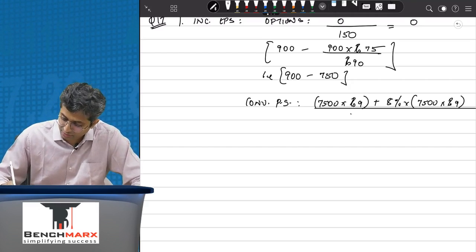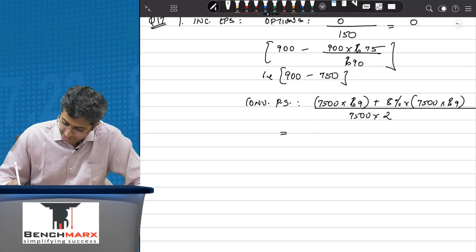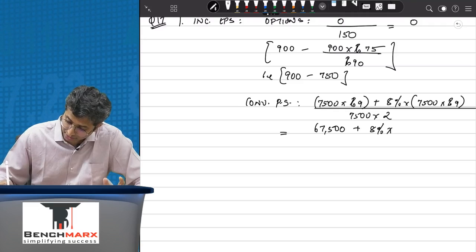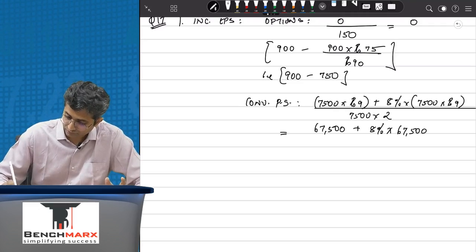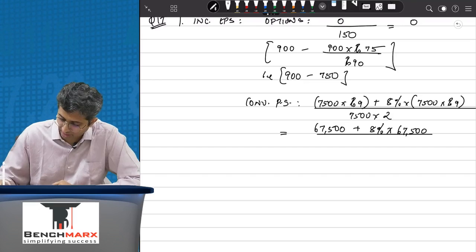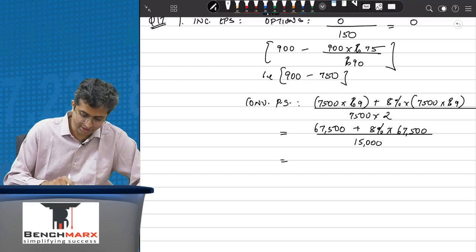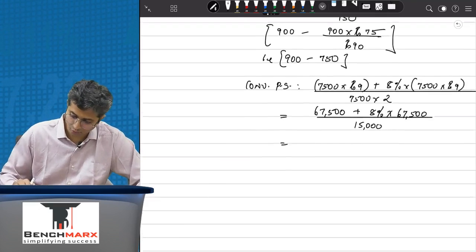So these 7,500 preference shares will convert into what? Well, each preference share will convert into 2 equity shares, and hence this is 15,000. The 67,500 that you will save, plus also 8% of 67,500 that you will save. Divide this by 15,000. So over here, this is 67,500 into 8%, which is 5,400.